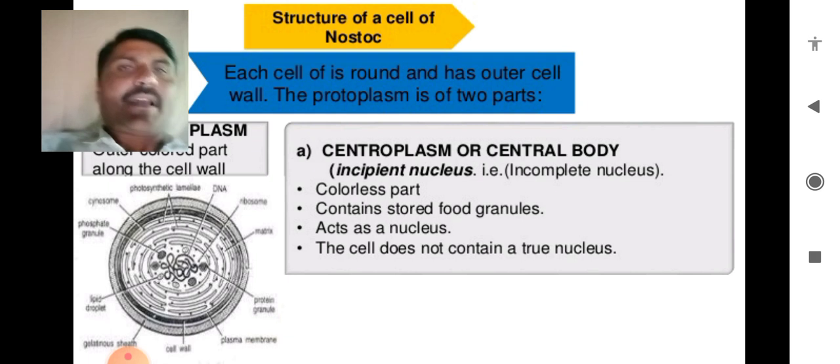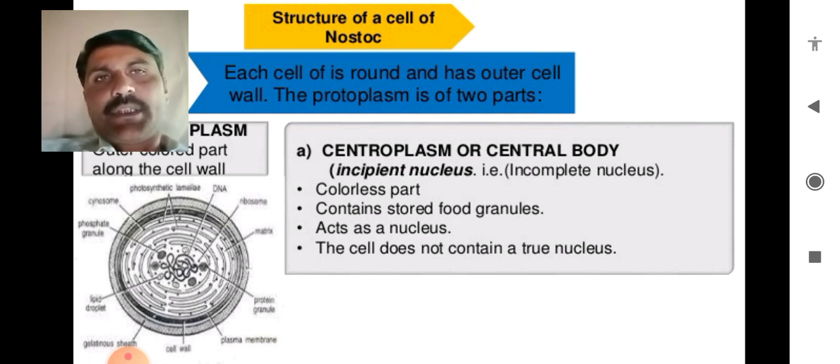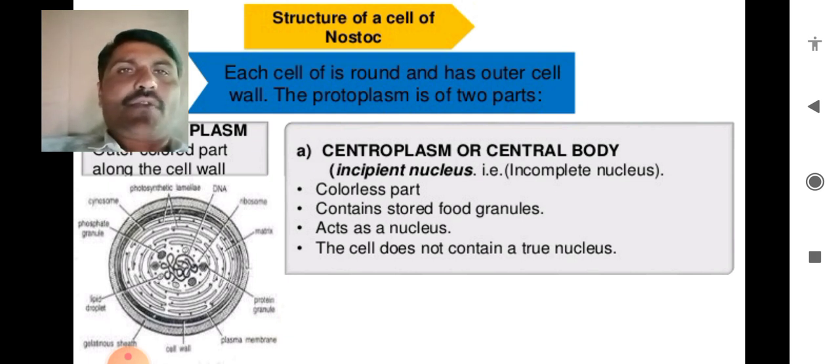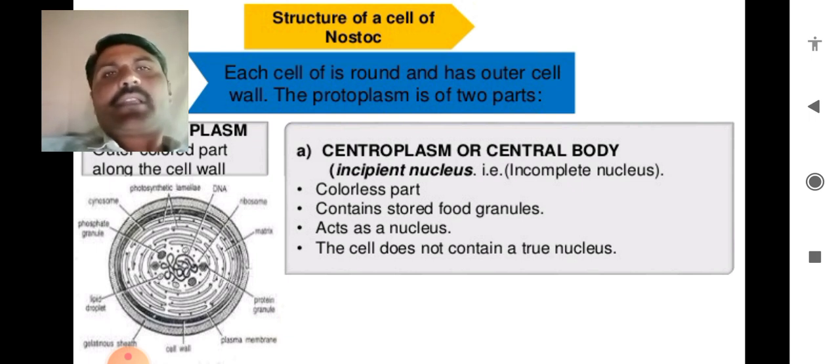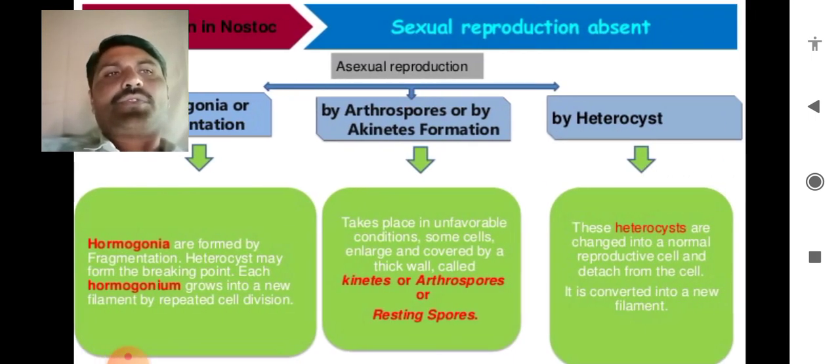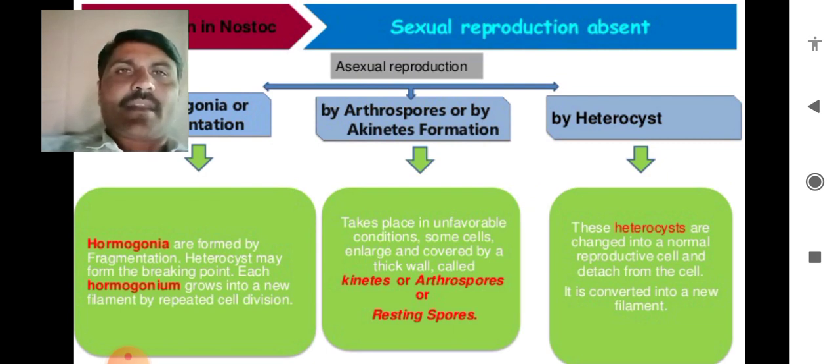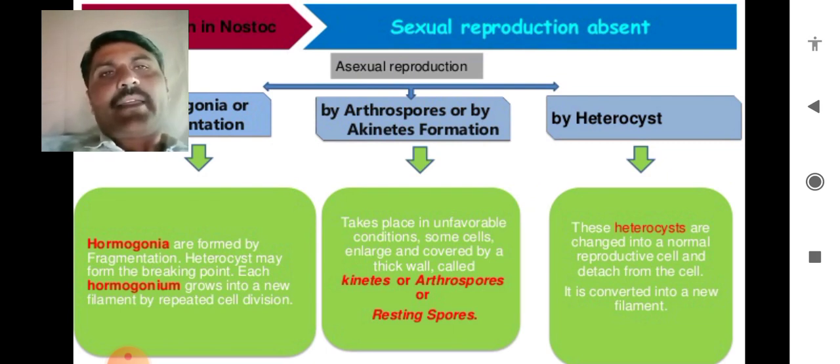This part is observed to be colorless, which shows some stored food granules and acts as a nucleus, as in eukaryotes. But the fact is that the cell does not have a true nucleus. This was regarding the structure and the organelles present in the Nostoc cell.